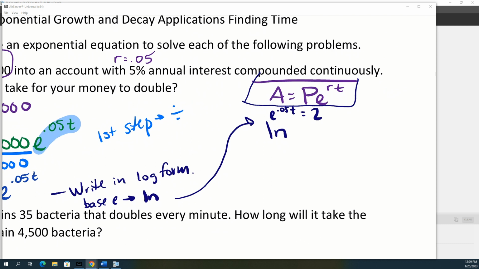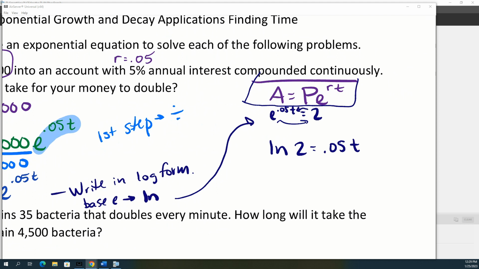Yeah, so the next thing, if you did the loop, would be 2. And that should be equal to 0.05t. So the logarithm always equals the exponent. Because the base was e, we did natural log.